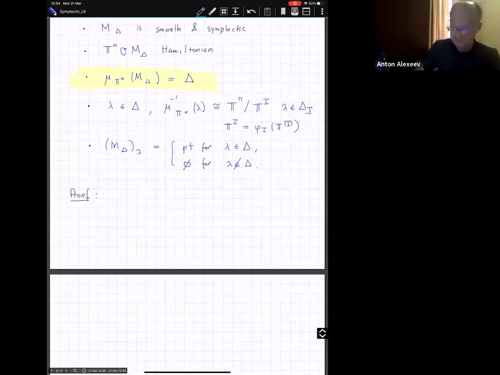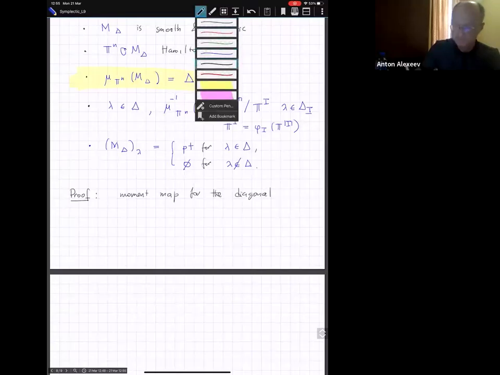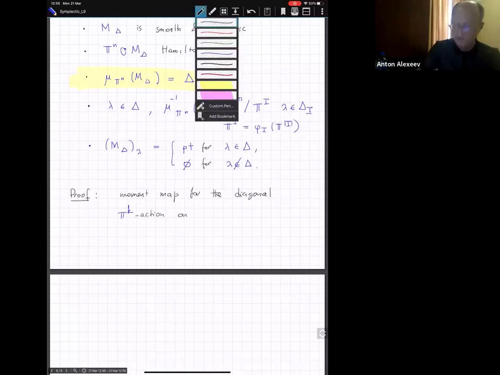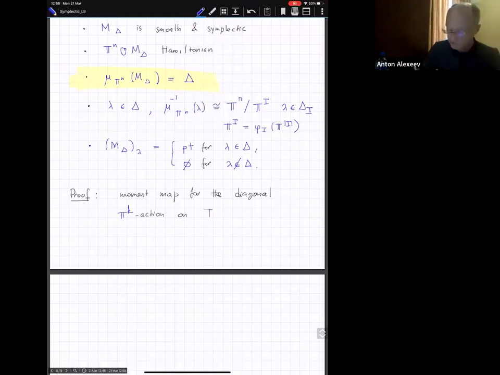So the moment map for the diagonal Tk action on T star T times C^K.